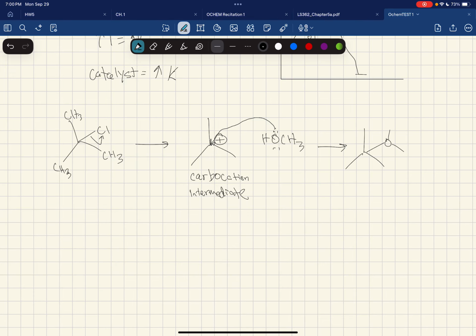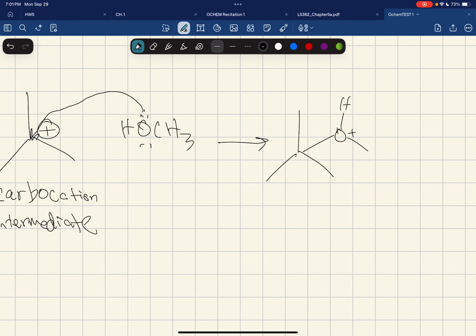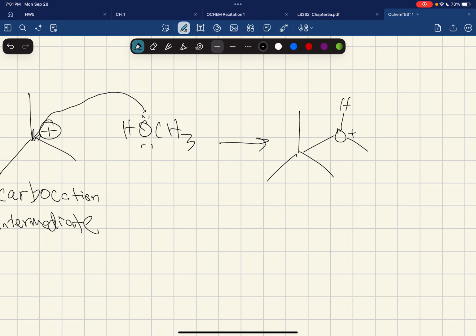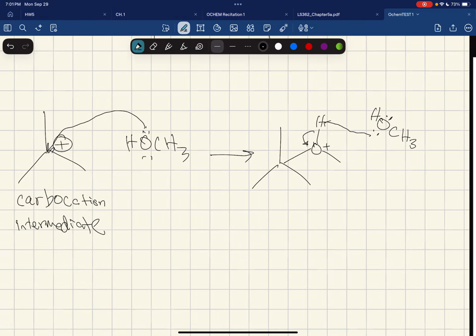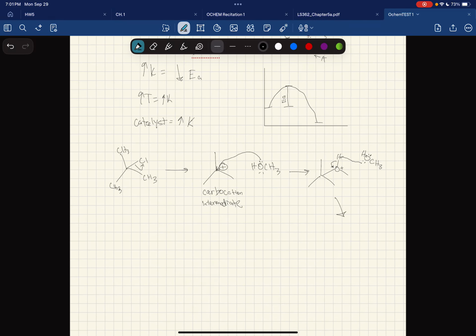I like to draw it like this. This isn't super stable because it's positively charged, or I suppose it isn't terribly unstable, but the last step would be the nucleophile, or probably the solvent, which often is the same thing in an SN1 reaction, coming in and taking that proton. Boom. So that's the typical form for an SN1 reaction.